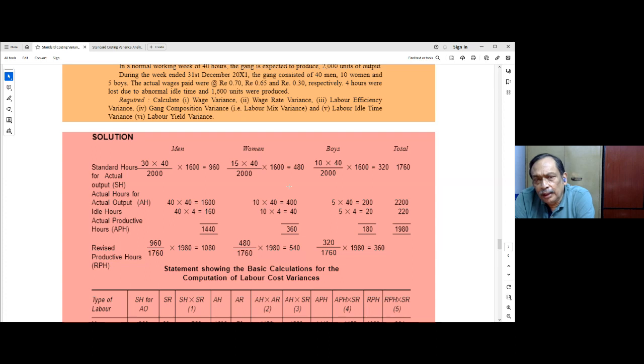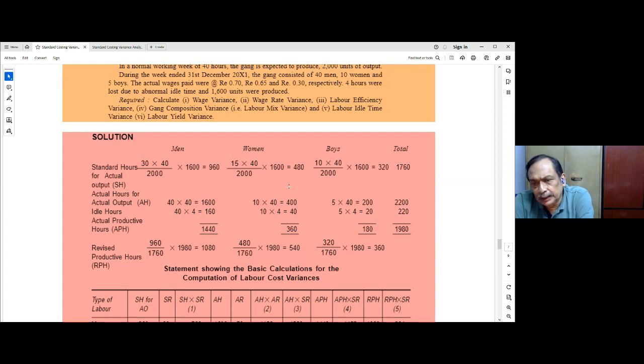Now we are going to calculate revised productive hours, that is RPH, which is 960 divided by 1760 multiplied by 1980, and it comes to 1080 for men. For women, it is 480 divided by 1760 into 1980, which comes to 540.